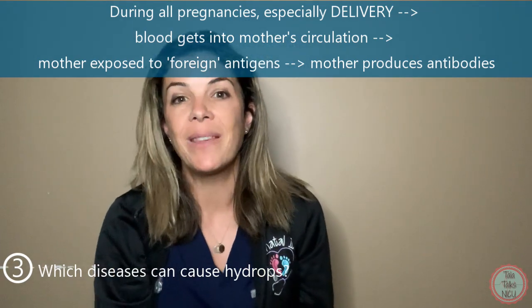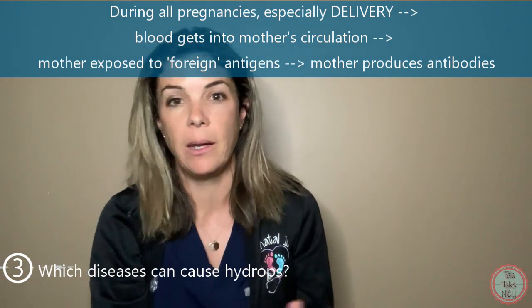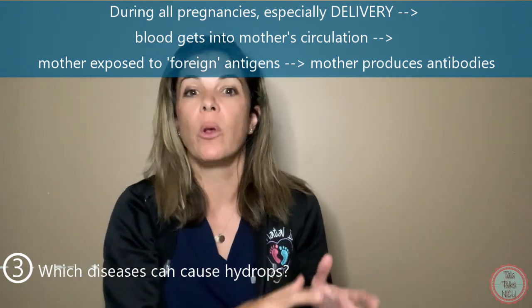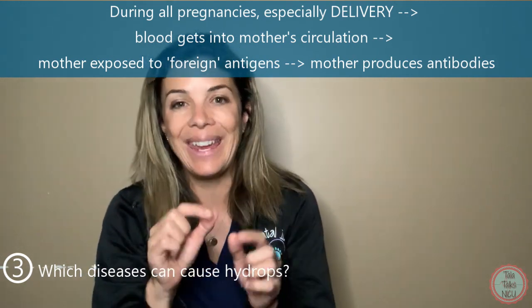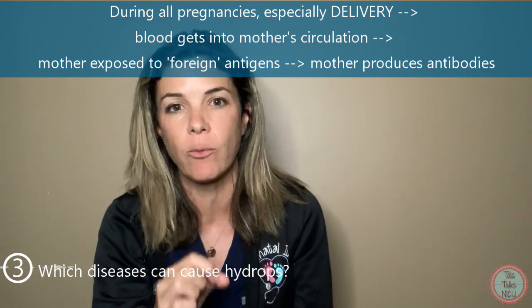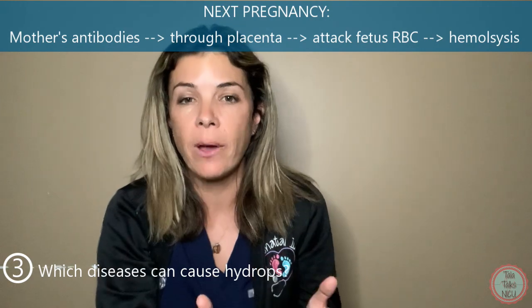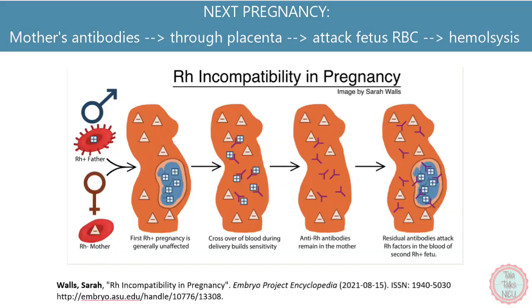So the mother sees this foreign blood in her own circulation, and because it's foreign, the mother will start forming antibodies against the antigens on the fetal red blood cells that were initially just in the mother's blood. However, if she makes enough antibodies, then those antibodies can cross through the placenta into the fetus's blood and start attacking the antigens on the fetal blood cells that are circulating around the fetus.